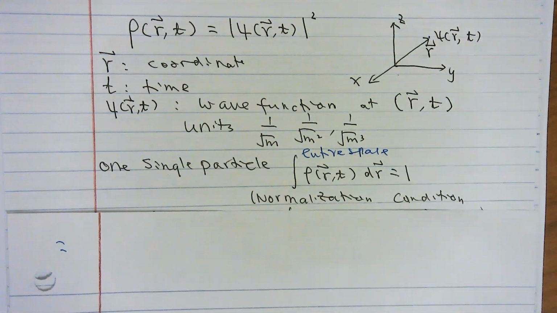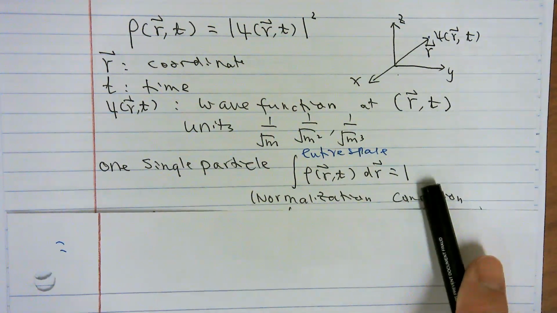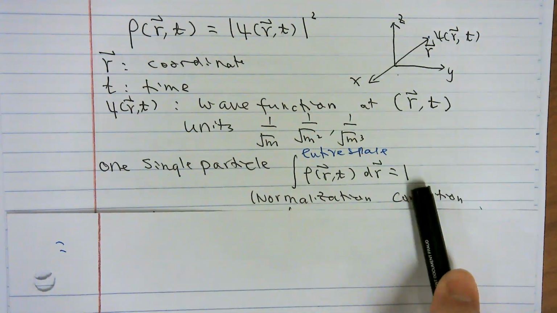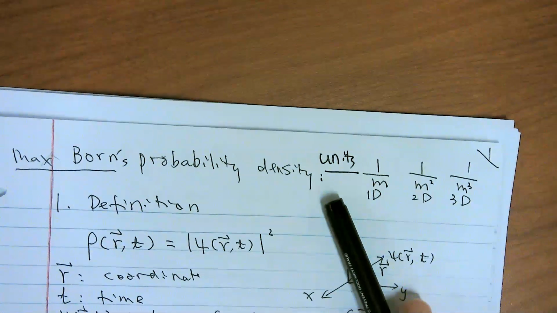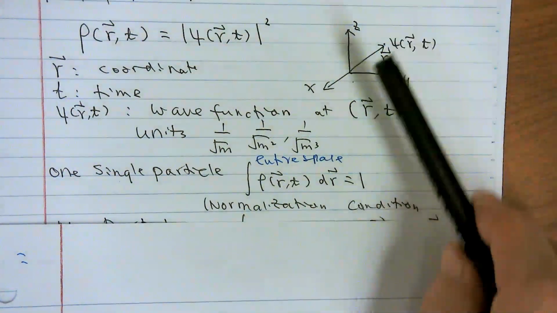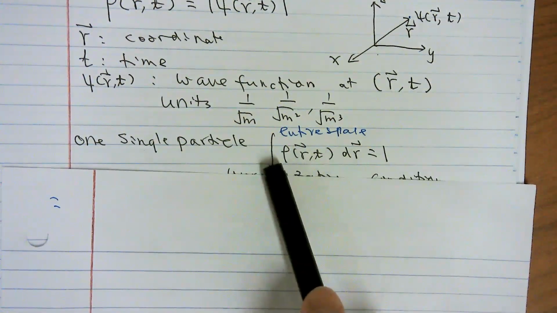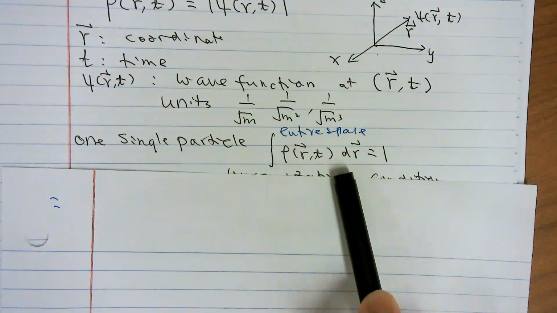If you have one electron and you integrate over the space, it just equals 1. Now you see here, I do not have units anymore, because the density I already integrated over the volume, so these two units cancel out. Essentially, the integration of the probability density gives you the probability.